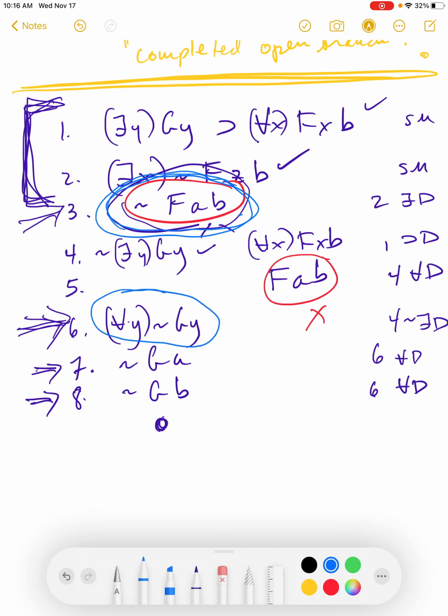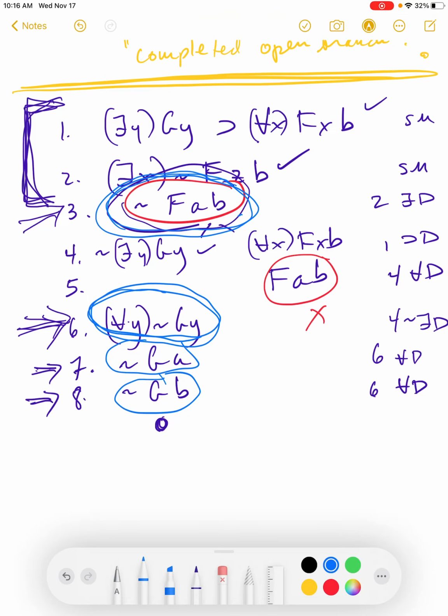And this says that everything in the universe is not G. Well, in particular, A is not G and B is not G. But this branch is still open. So I feel comfortable saying this is a completed open tree. It has a completed open branch. And I hope you share that intuition.